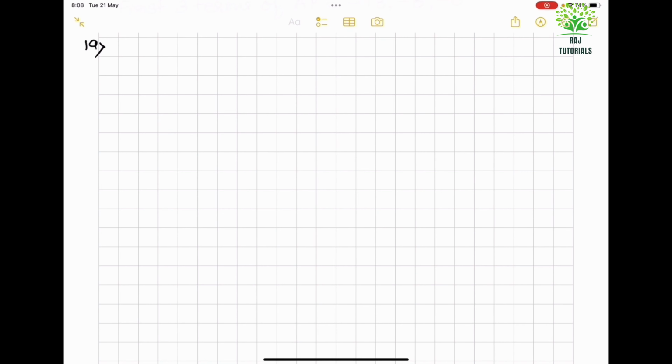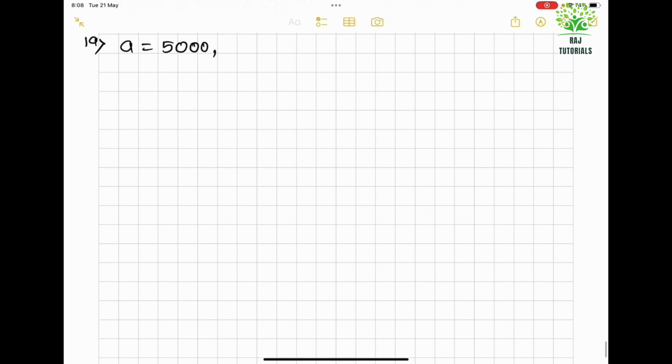Now the 19th one, it says Subba Rao started work in 1995 at an annual salary of 5,000. Okay, so a is 5,000 and received an increment of rupees 200 each year. Okay, so d is 200. In which year did his income reach rupees 7,000? So An is 7,000.